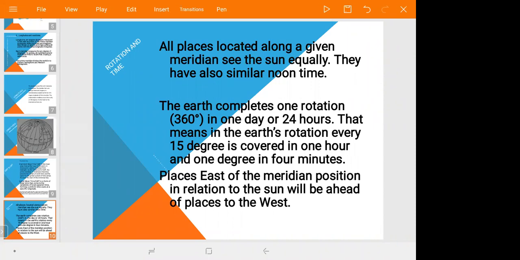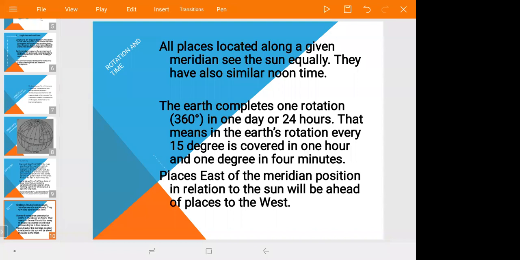For example, if you travel from Ethiopia to Japan, China, or Pakistan, or Philippines, that time difference is going to be added on the time that you had when you were in Ethiopia. But if you travel to America or Canada or Brazil, then that time difference is to be subtracted.